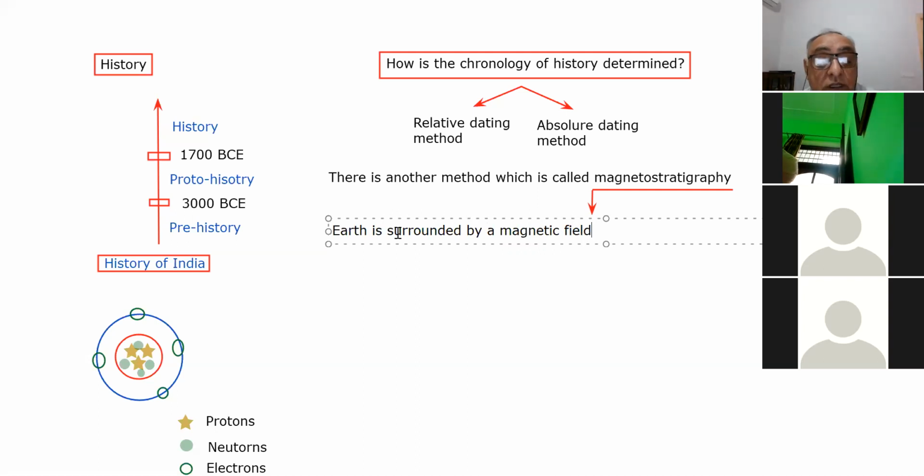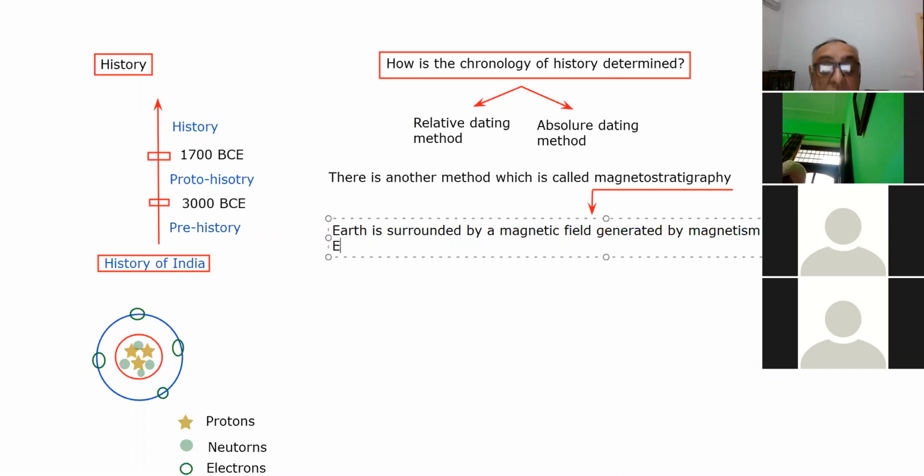Earth is surrounded by a magnetic field, generated by magnetism in the core of the earth.